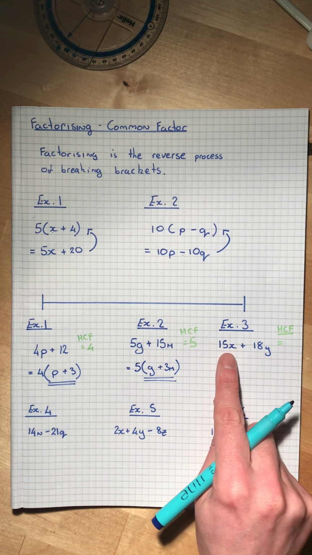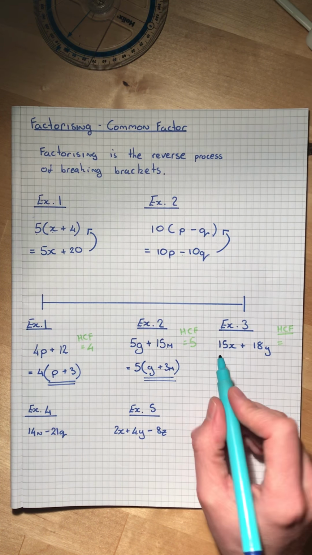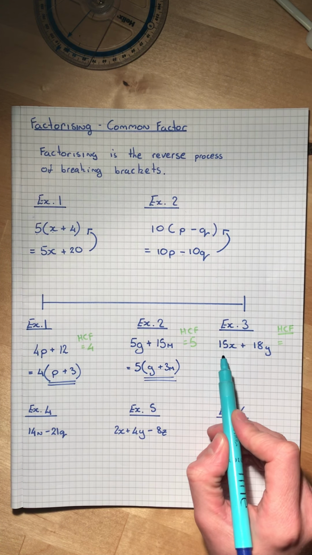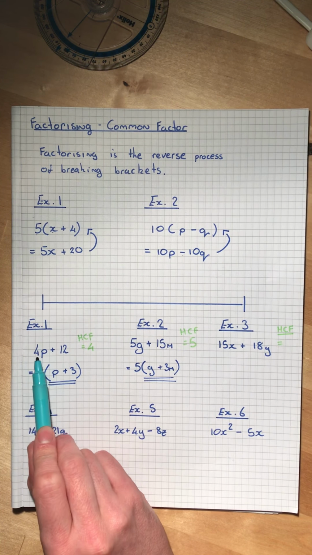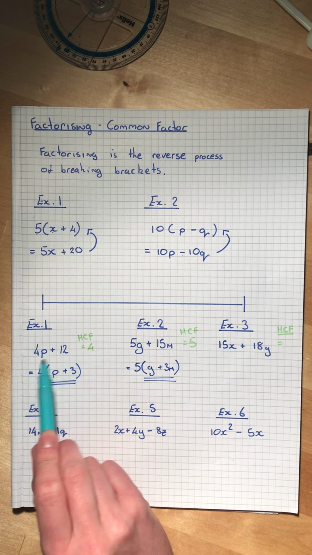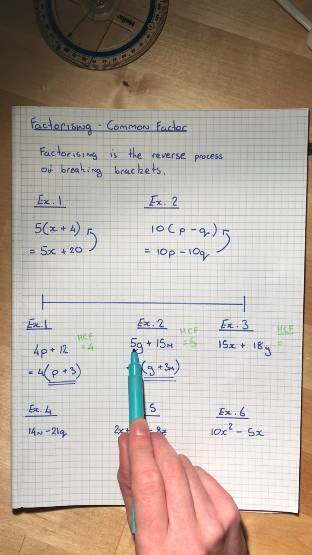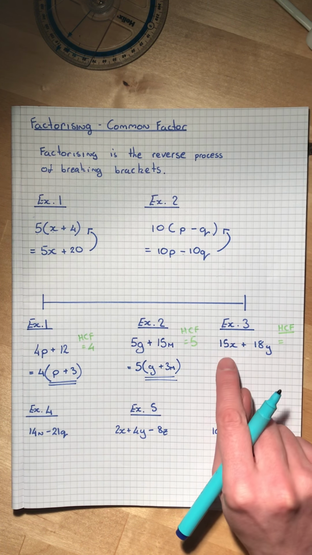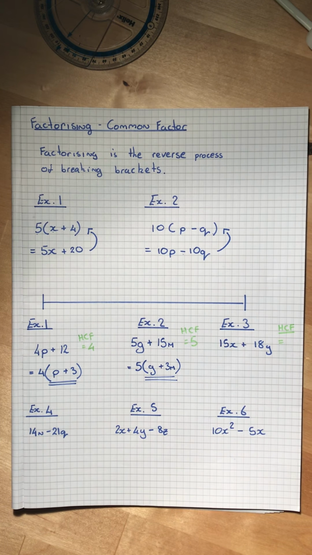It's a bit more challenging for this one, because the highest common factor of 15 and 18 isn't obvious to see. It was obvious to see here because the highest common factor of 4p and 12 was 4. The highest common factor of 5g and 15m was 5. So we need to think what number or term goes into 15x and 18y.